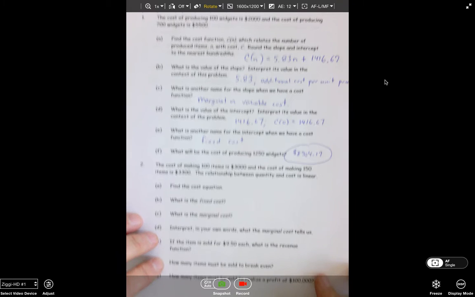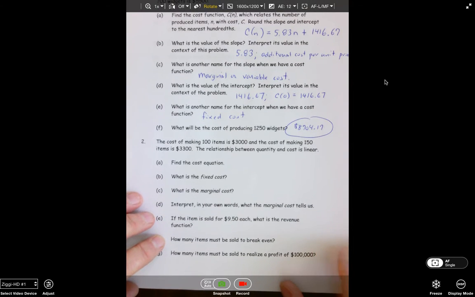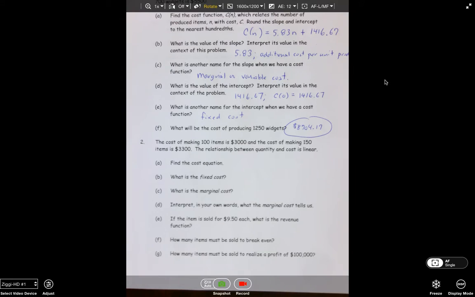Okay? All right, gang. Let's get into another type of problem here. And guys, I'll tell you, part number 2, you're going to have one of these on your first exam, so get ready for it. The cost of making 100 items is $3,000, and the cost of making 150 items is $3,300. The relationship between quantity and cost is linear.